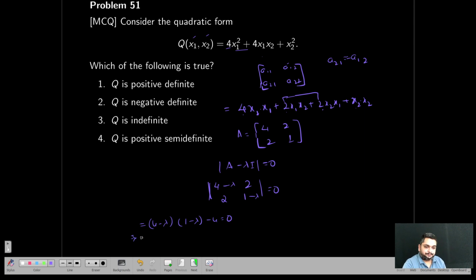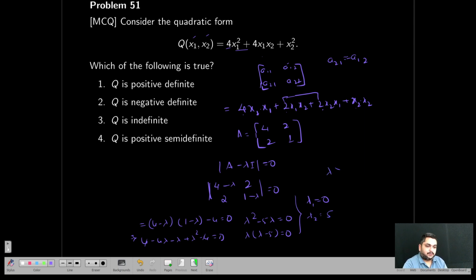That is 4 minus 4 lambda minus lambda plus lambda square minus 4 is equal to 0. The 4s get cancelled. This gives lambda square minus 5 lambda is equal to 0. So lambda into lambda minus 5 is equal to 0. So we have eigenvalues lambda equal to 0 and another eigenvalue 5.